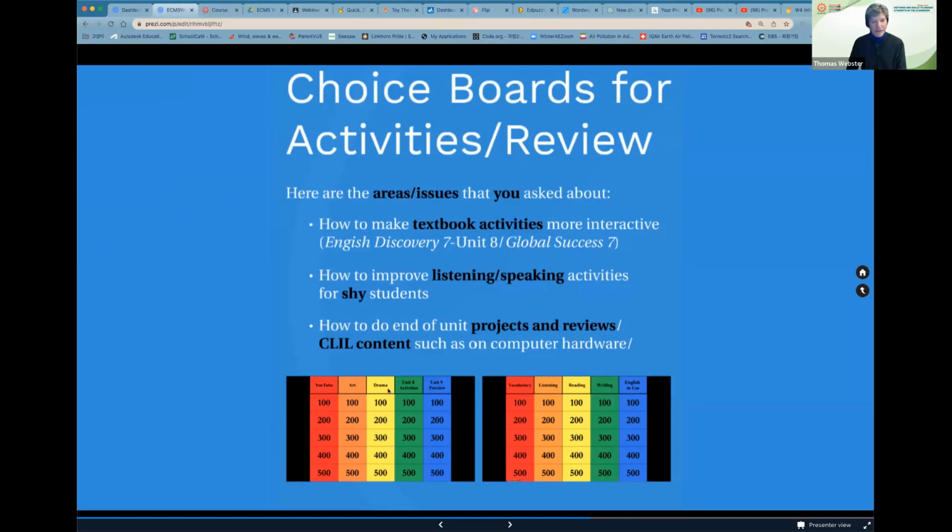The first one on the bottom left there was related specifically to Unit 8 from, again, Global Success 10. And there are actual activities you can use there in this game format. There are videos. It took me a long time to do all of those, but I hope that it's helpful to you and you can actually use it.